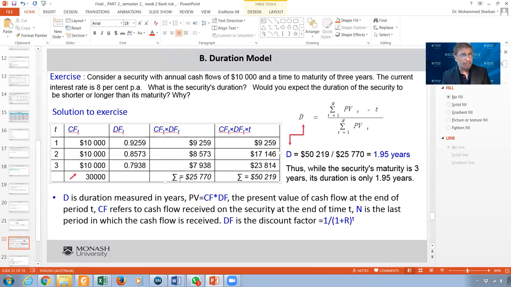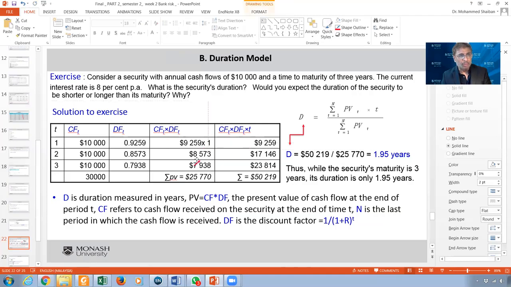Add them up; this is the sum of all present values of T. Then I have to multiply this by the timing, which is time 1 here, times 2 here, and then bring it to here.